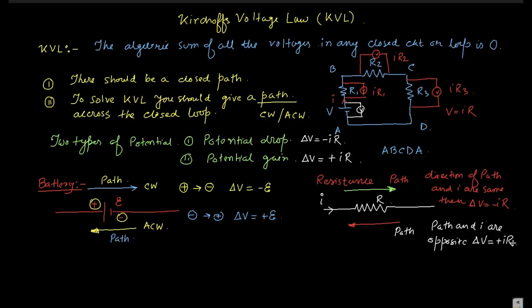Now you can consider a very simple numerical, from where you can find how we apply KVL according to the path you chose. Now consider one numerical. I am writing it now. Here we can consider a resistance.